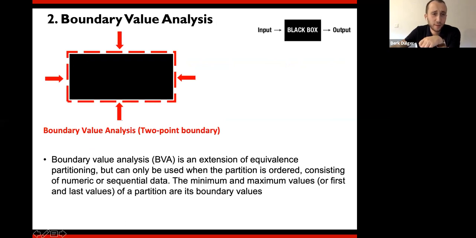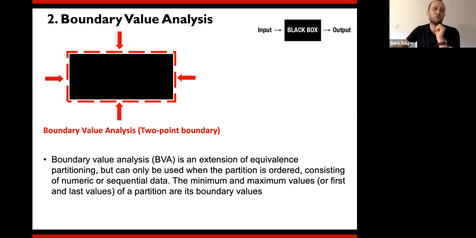The second technique is named boundary value analysis. In fact, boundary analysis is an extension of equivalence partitioning. The big brother of equivalence partitioning. Boundary analysis tells us it's not enough to divide inputs into partitions because the problems, the defects, arise mostly in the boundaries.